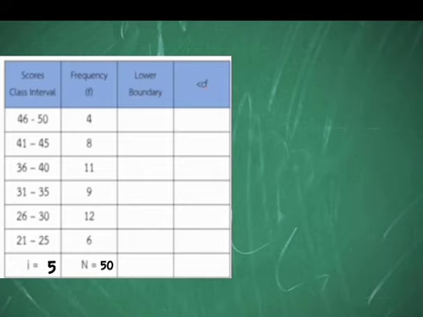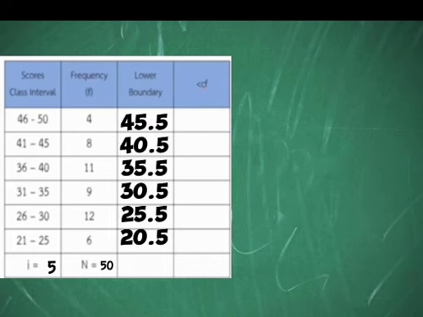That is 21 minus 0.5 is 20.5, 26 minus 0.5 is 25.5, 31 minus 0.5 is 30.5, until we get to 46 minus 0.5, which is equal to 45.5.